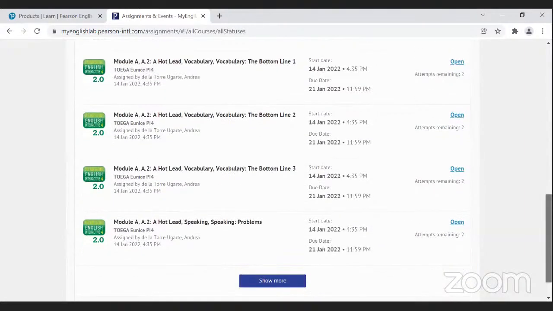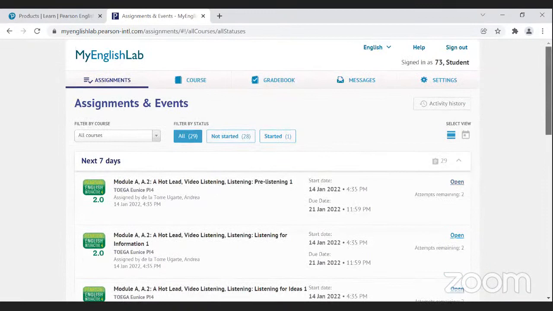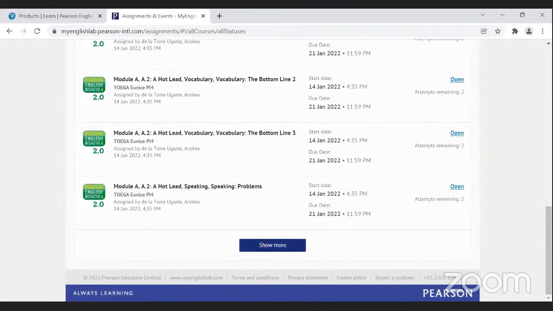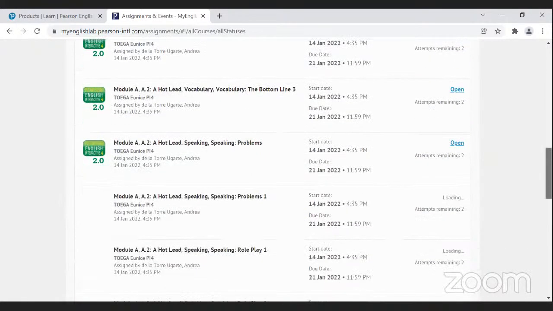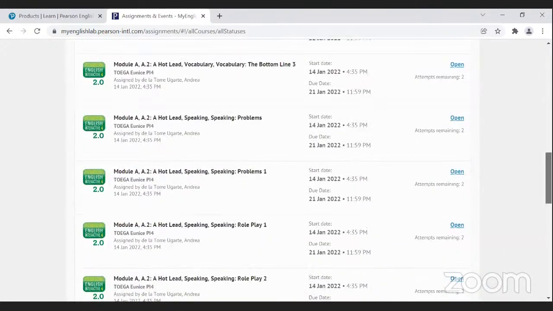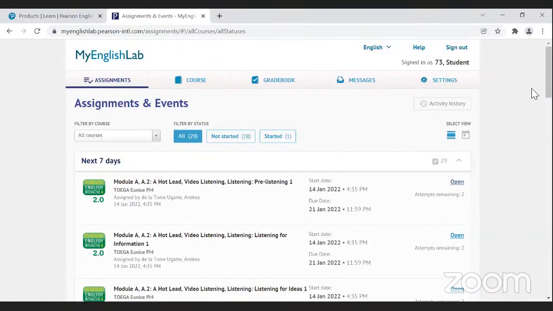So it is assigned. Now, tomorrow we will start with unit 3. No, tomorrow we don't have classes, right? So Wednesday with unit 3, okay? So Wednesday we have 2 hours of classes, right? Yes, teacher.